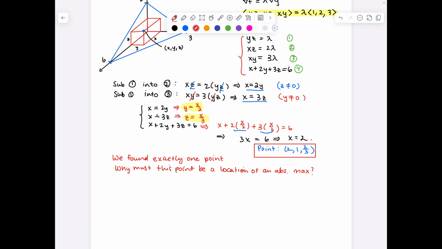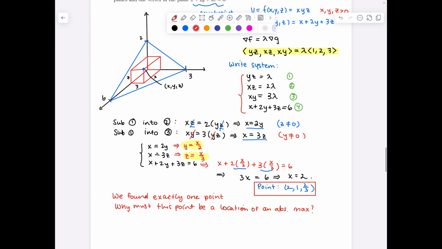Well, it begs the question, can we have an absolute minimum in this type of situation? Remember, we're finding the volume of a box. Let's ask ourselves, can we minimize it? Well, we know that the dimensions x, y, and z of that box always have to be positive. So that means that I'm never allowed for any of those to be zero.